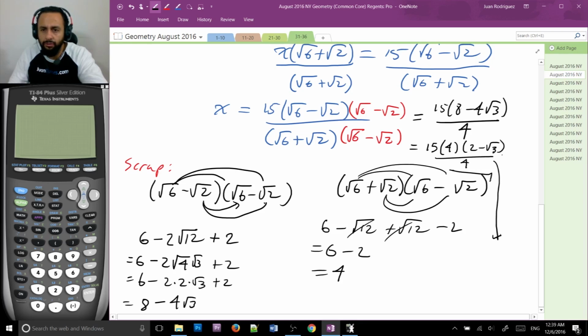I hate when students do this, but hey, what am I going to do? So here, x equals, so the 4's cancel, and that's as simple as it gets.